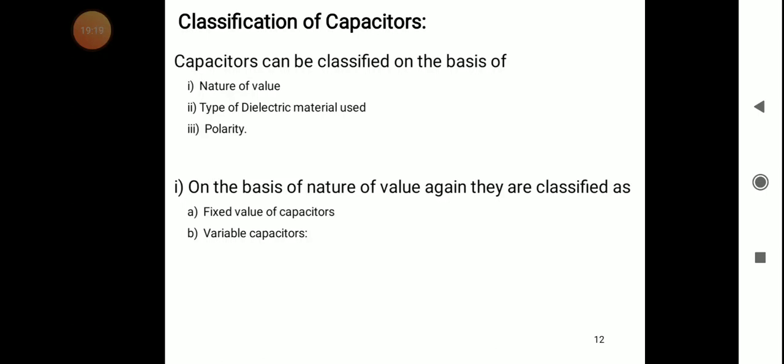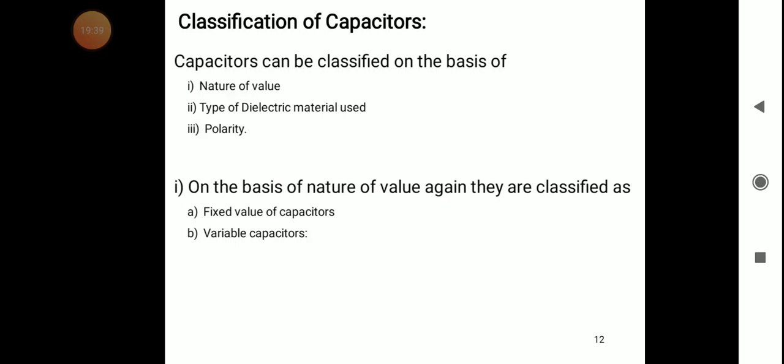Next is the type of dielectric material we are using. You know that a dielectric material is an insulating material. If we use a dielectric material in the capacitor, it increases the storage capacity of the capacitor.